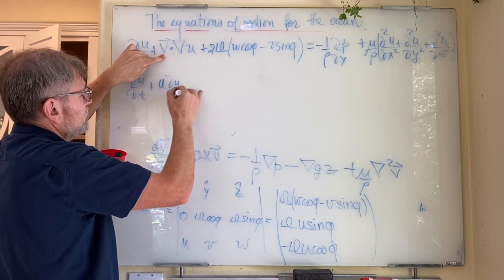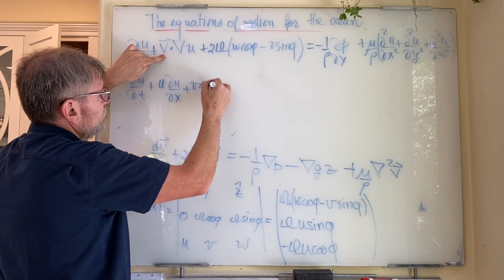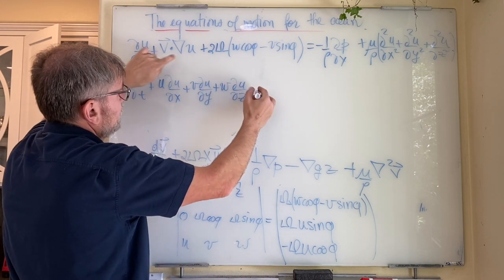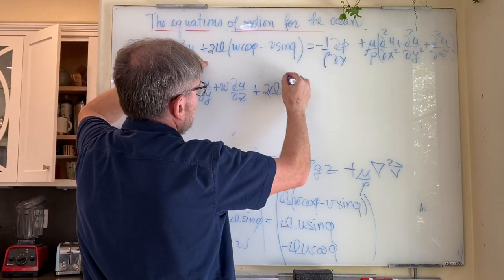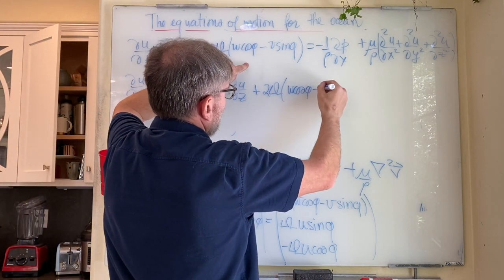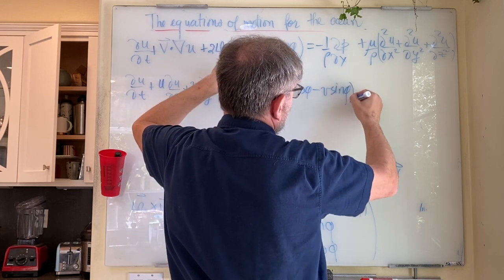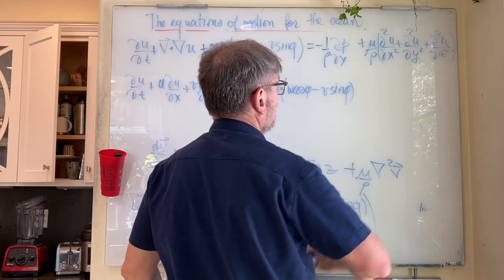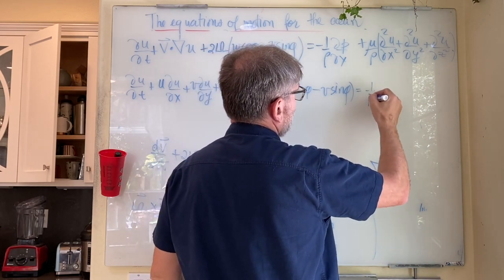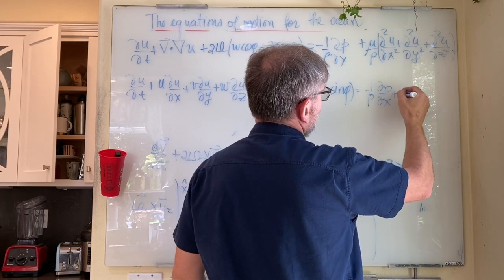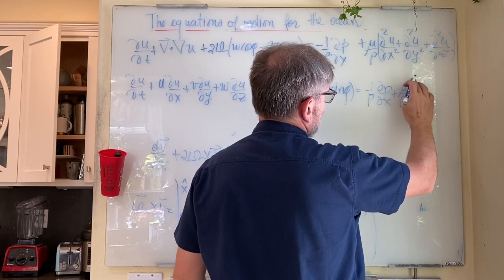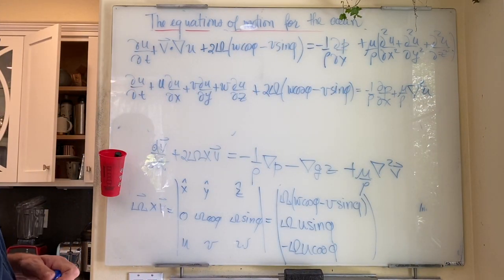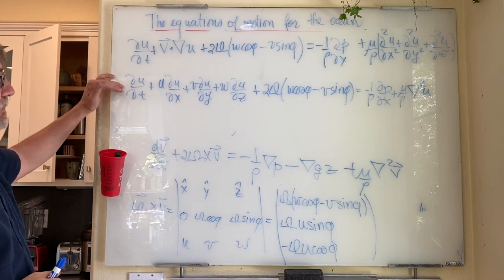So u du dx plus v du dy plus w du dz plus 2 omega w cos phi minus v sine phi equals minus 1 over rho dp dx plus mu over rho, this business, del squared of u. I'll go back to the del squared after I've expanded out. Okay, so that's the x component of this equation.